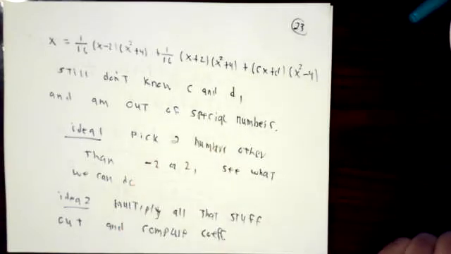And put them into this formula. You'll get two equations, both of which involve c and d. And if there's any luck in the world, maybe you can solve that pair of equations for c and d, and then figure out the partial fraction expansion.